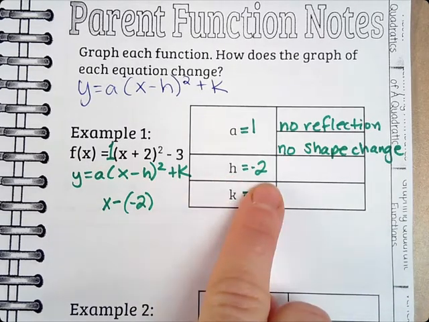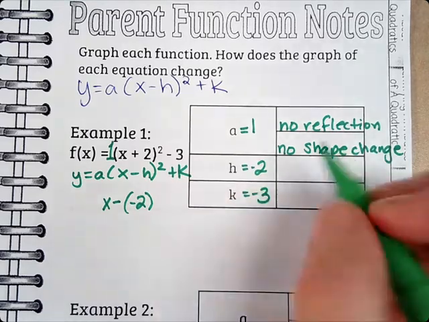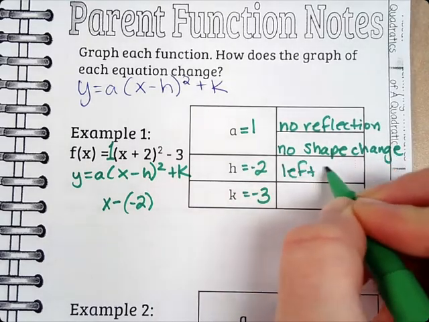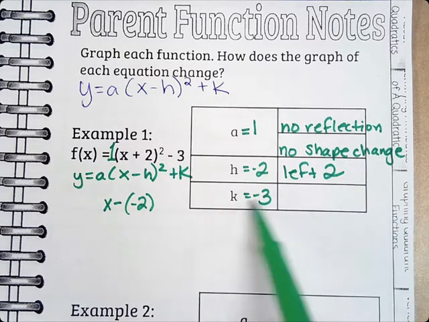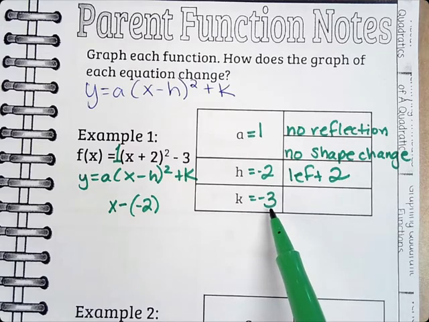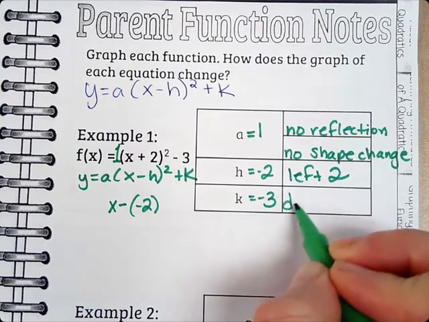So the h is negative 2, and h tells us left and right. So if h is negative 2, that's going in a negative direction. So it's going to be left 2. And then the k is going to be telling us how it moves up or down. So if it's negative 3, that moves in a negative direction, which means down.